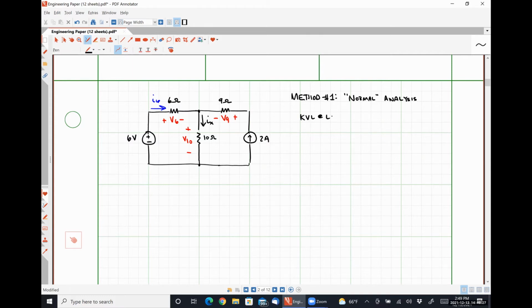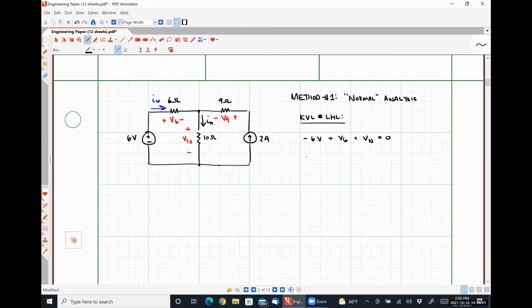If I apply Kirchhoff's voltage law around the left-hand loop, what I get is negative 6 volts plus V6 plus V10 is equal to 0. Everybody okay with that? I can use Ohm's law and express V6 as just 6 times I6.